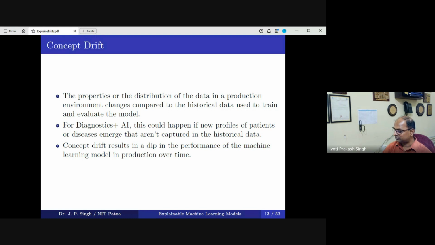So after 5 years, the model may not make very good predictions. The accuracy of the model will decrease. There will be a dip in the performance of the model over time, and this is called concept drift. One solution is that from time to time you need to retrain the model with the current data set collected from the environment.